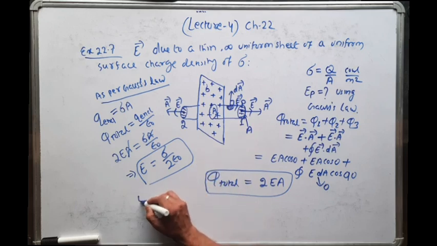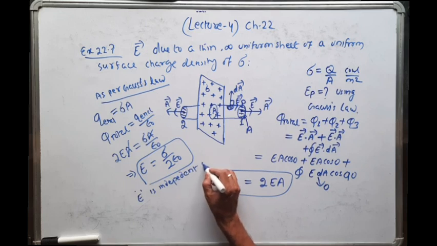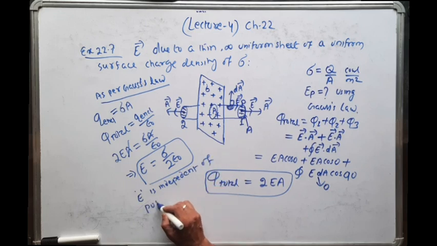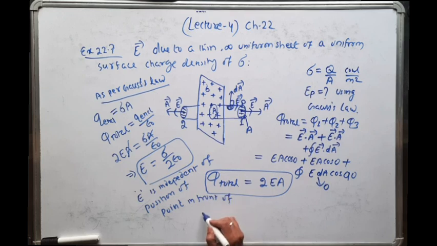So we can write here the electric field intensity is independent of the position of the point in front of the charge sheet.